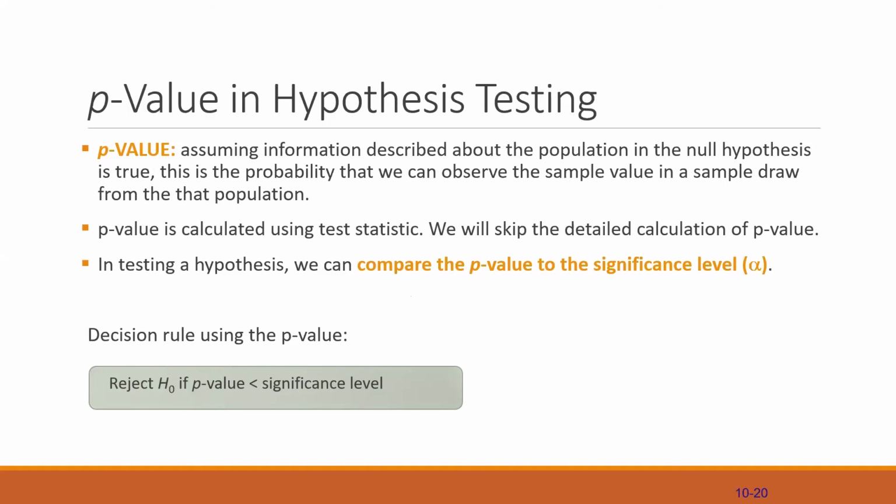P-value will make hypothesis testing much easier. So the p-value is a probability, first of all. What kind of probability? It's the probability that describes how likely we can observe the sample if we assume the population in the null hypothesis is still true.